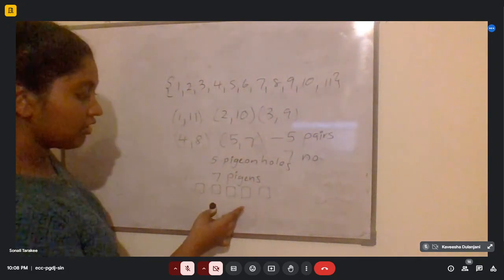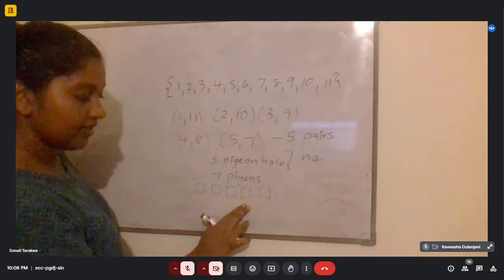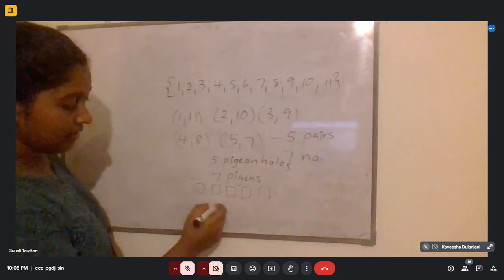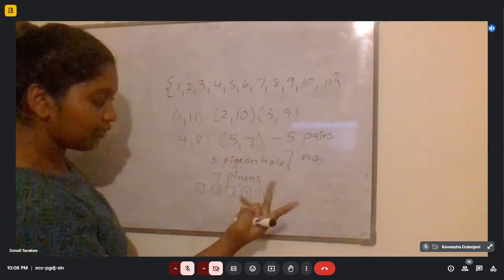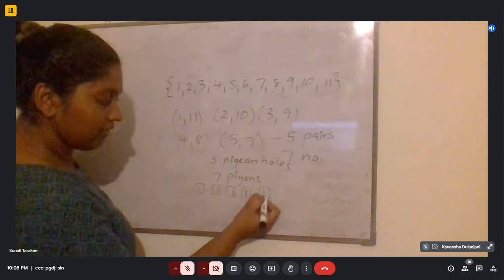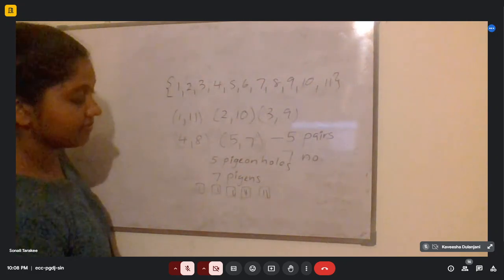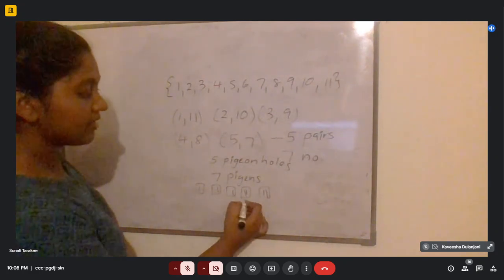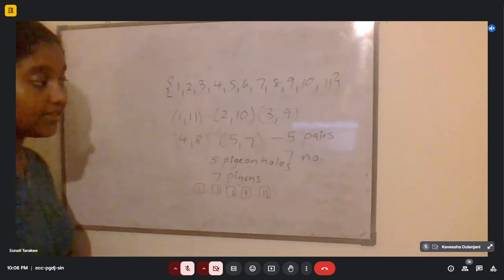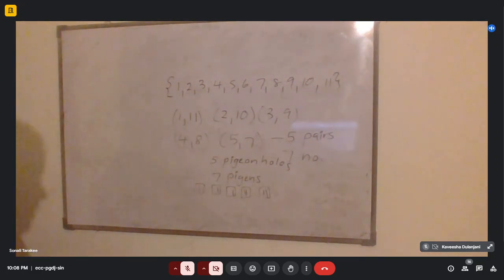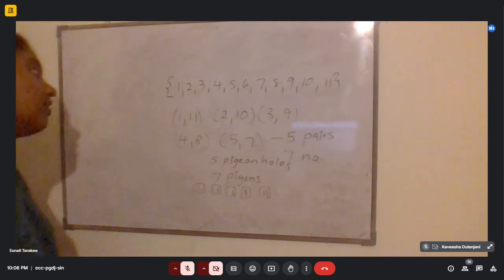So at least 2 of them should be in one pigeonhole, right? Here, if you put 1 in each, 2 remain, no? So you can put it like this. That's why you can say at least one pair which adds up to 12 is there among the 7 numbers. Okay, now I'll erase this.